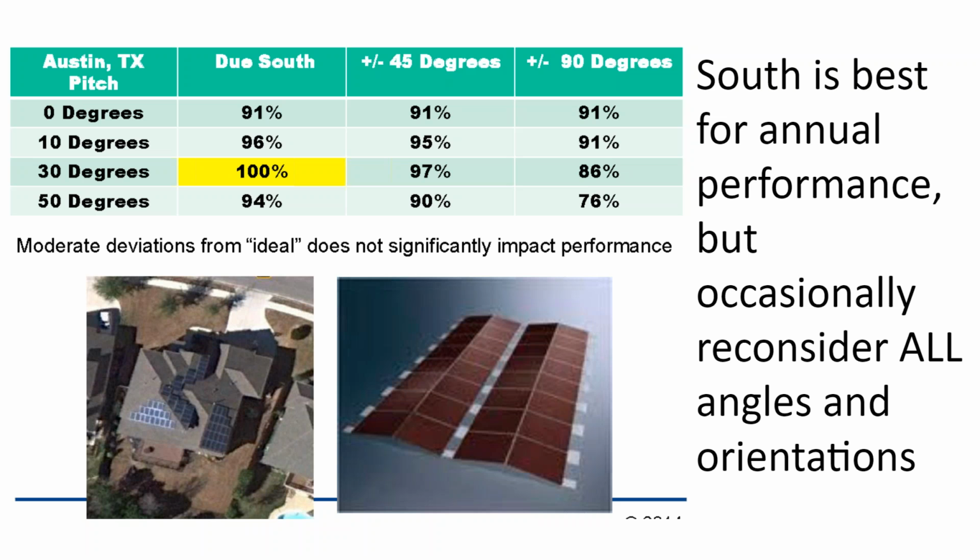But if they are not buying back every kilowatt hour at retail, or if the price of electricity varies throughout the seasons, a higher rate in the summer versus a lower rate in the winter, or even a time of day rate structure, which might give you a higher rate in the evening and a lower rate in the morning or the middle of the day, the tilt angle might vary more by what it's worth rather than how much you're producing.